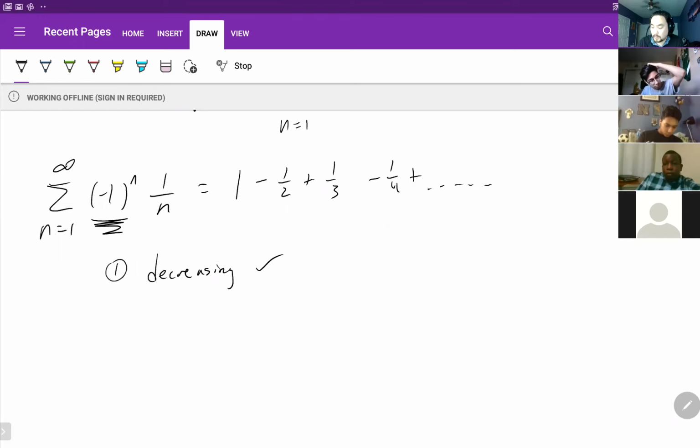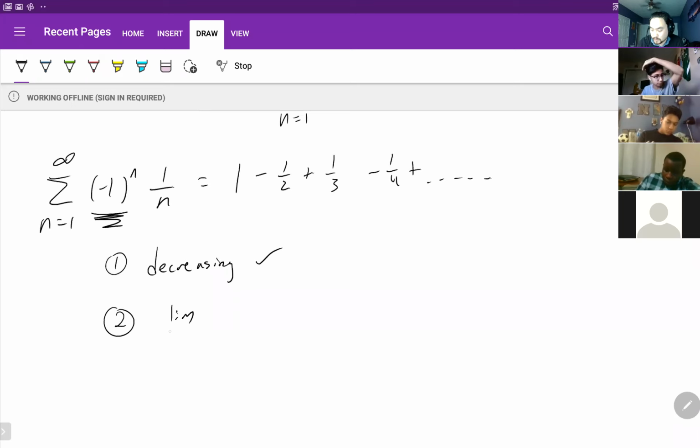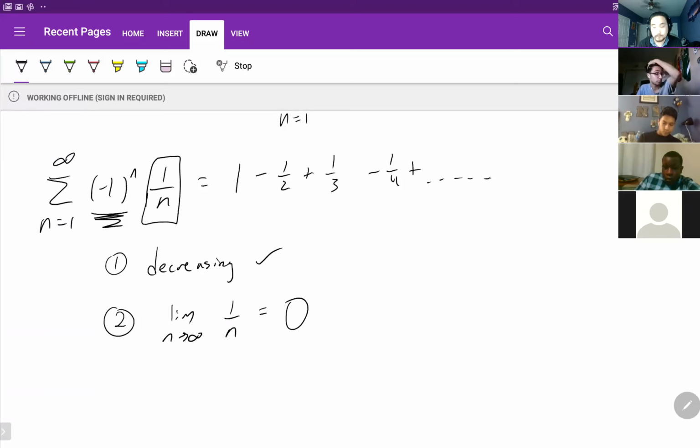And then two, well, this one's pretty easy, taking the limit of just the sequence part, ignoring the alternator. You're just taking the limit as this goes to infinity. Obviously, this one goes to 0. So that works out too. So we can say by AST, the series converges.